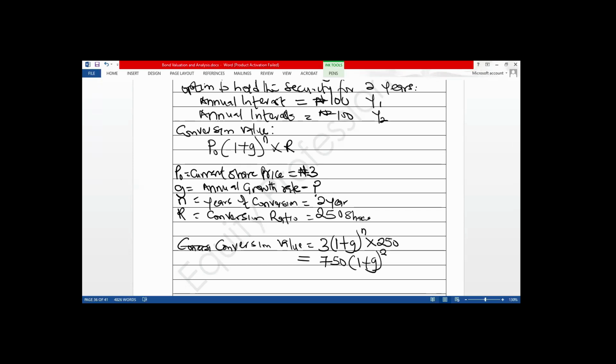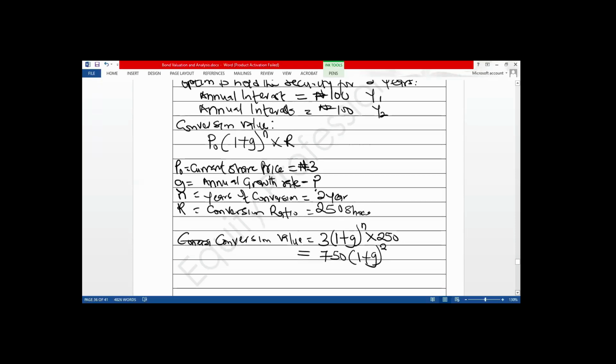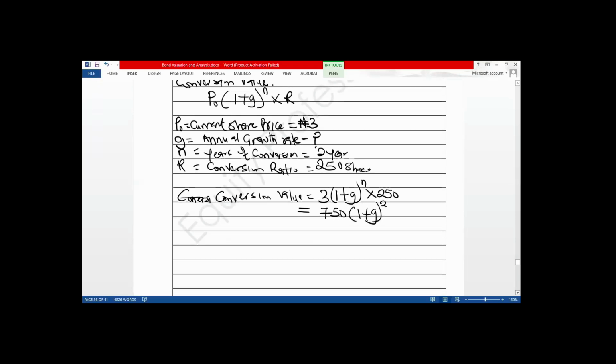Now, you have a choice between collecting 960 now or collecting 100 naira in year 1, year 2, then also collecting the conversion value. We now equate it. The equation becomes: I can get 960 now, and this must equal, I'm expecting 100 naira in year 1.